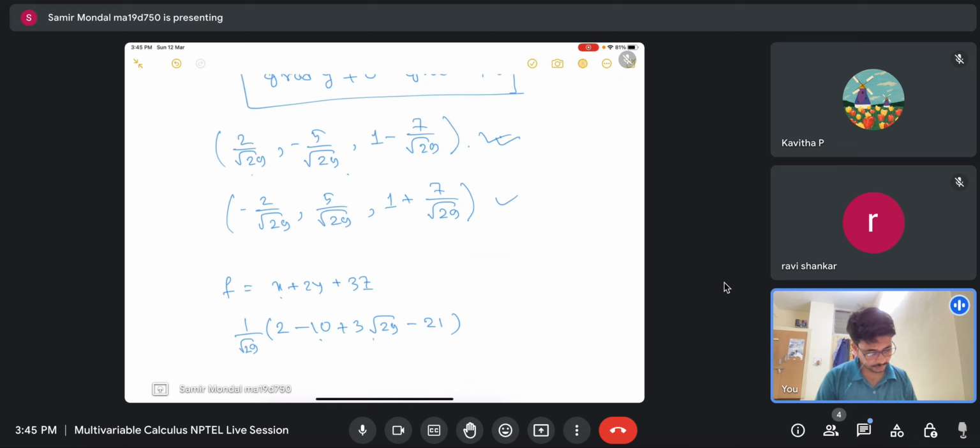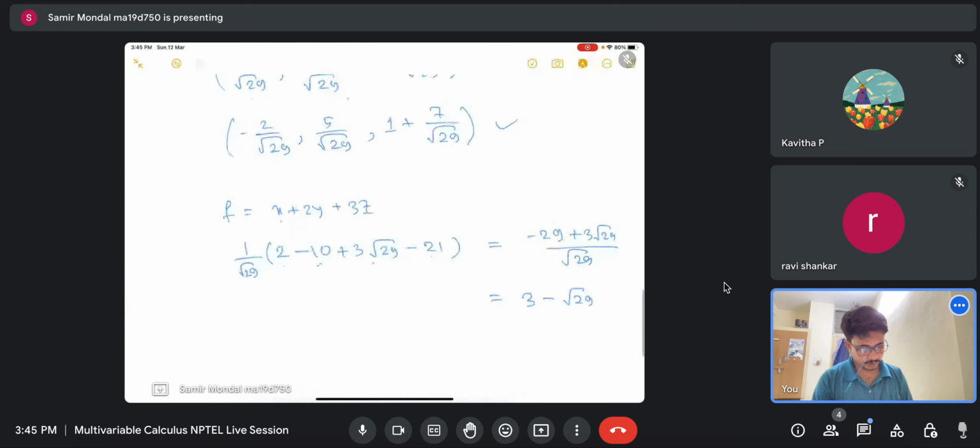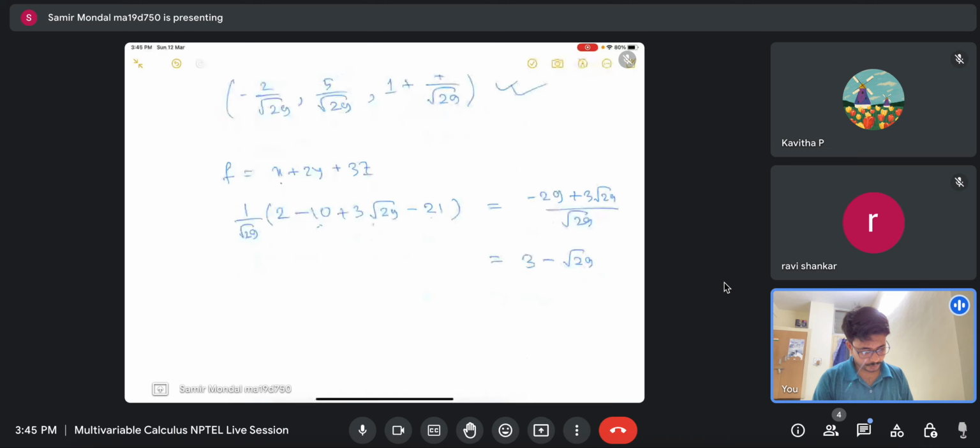So we are getting minus 31 minus 29, plus 3 into 29, so ultimately we are getting 3 minus root 29.